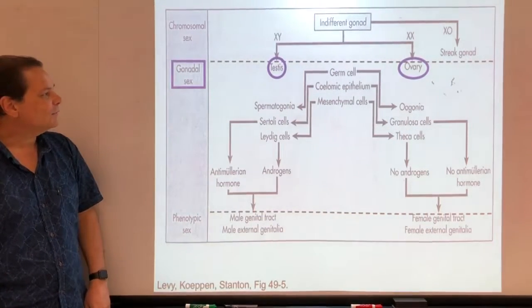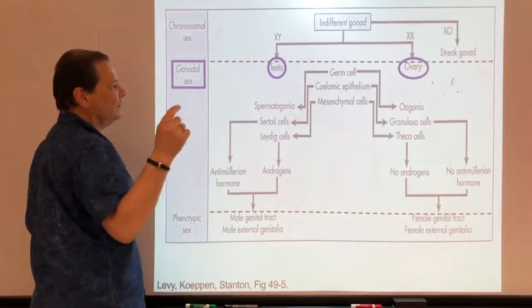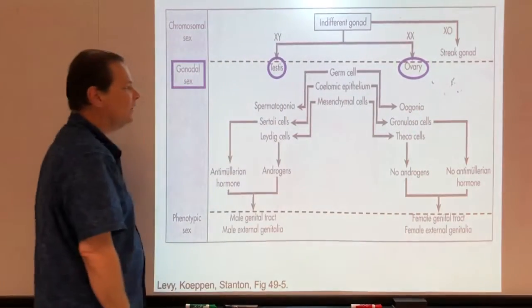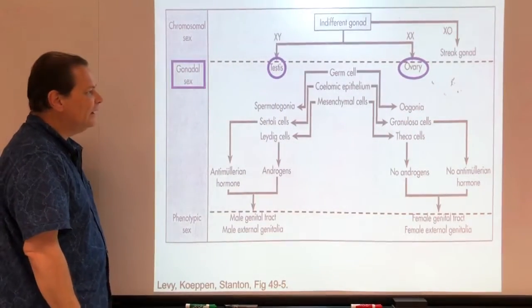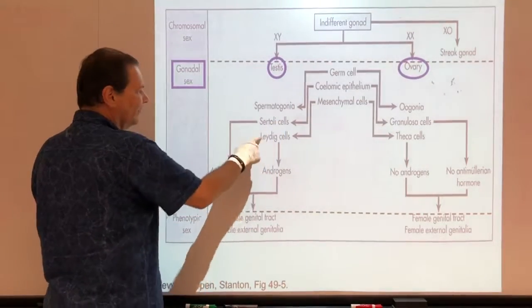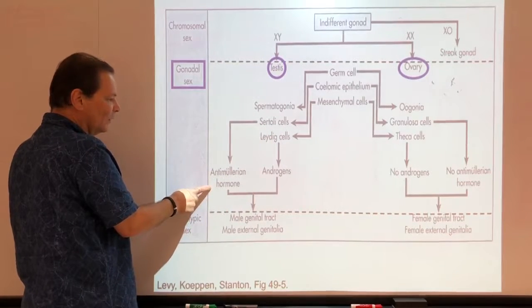And so if we look at this, if you've got testicles, that means you have spermatogonia, you produce sperm. For ovaries, you produce oocytes, right, eggs. You have Sertoli cells if you're a male, and Leydig cells, and these produce androgens and anti-Mullerian hormone.